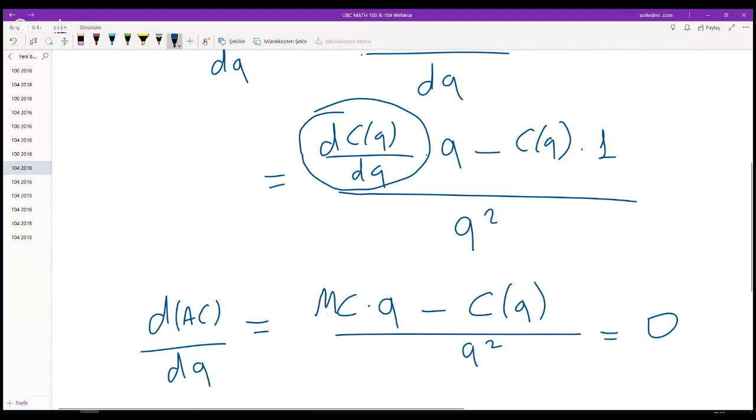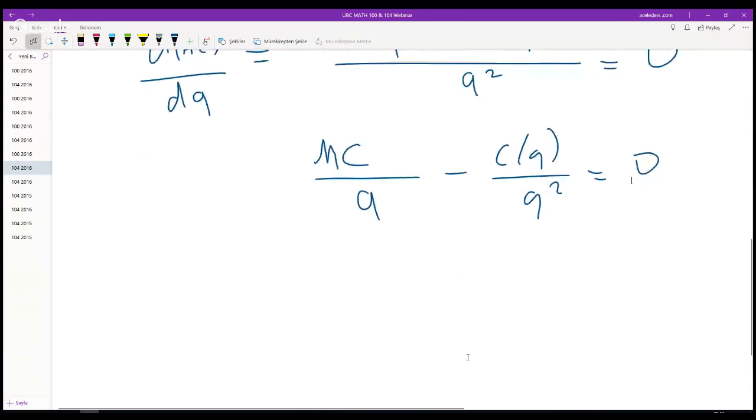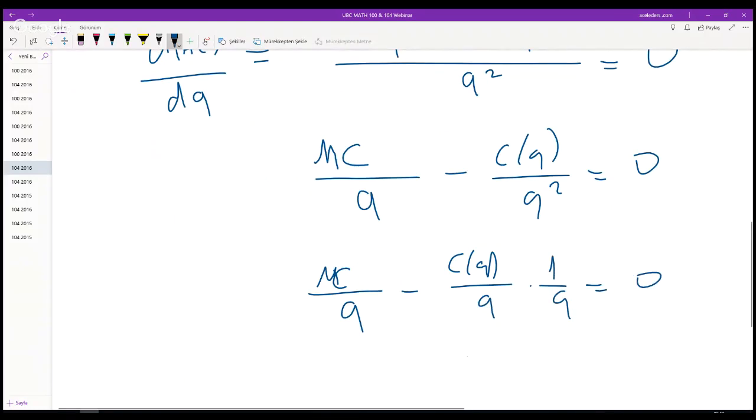So the derivative must be 0. Therefore, I have marginal cost times Q minus total cost over Q square equals 0. Let's divide them both. Marginal cost over Q minus total cost over Q times 1 over Q equals 0.